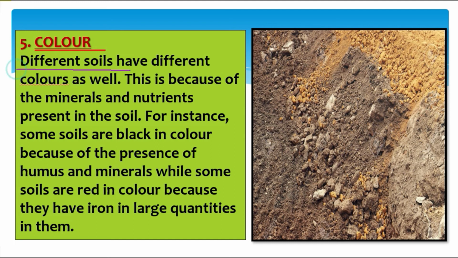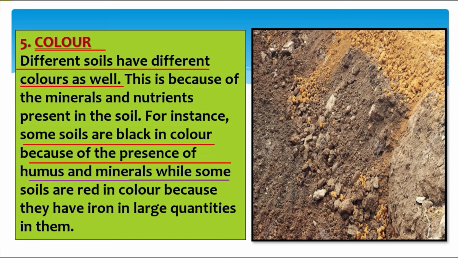Students, different soils have different colors as well. And students, do you know why? This is because of the different kinds of minerals and nutrients present in the soil. Students, have you ever observed that the black color of the soil is because of the presence of humus and minerals, while some soils are red in color because they have a high amount of iron in them?